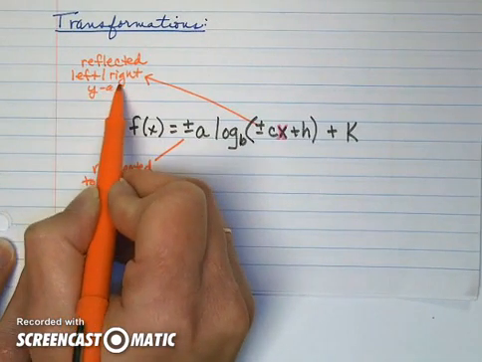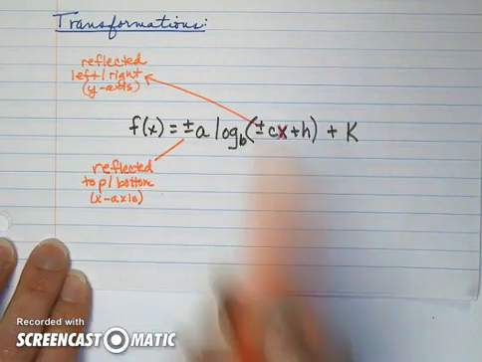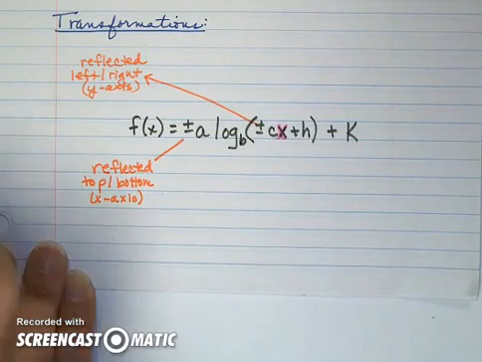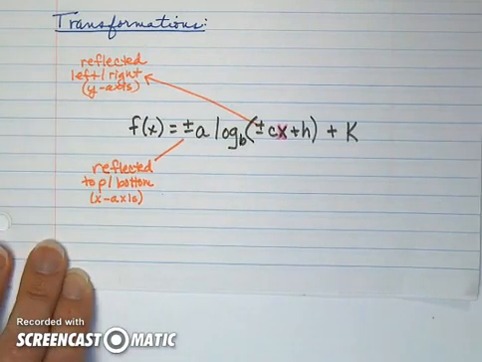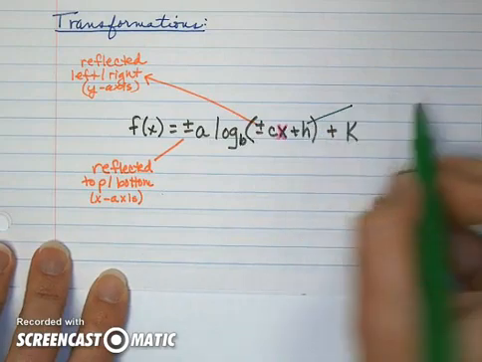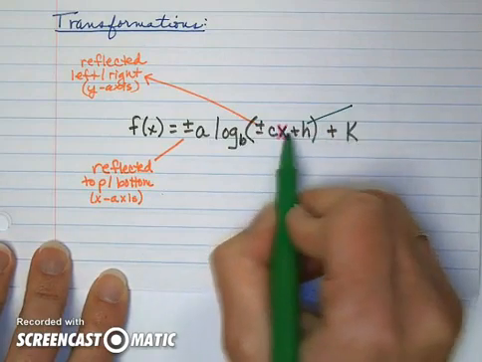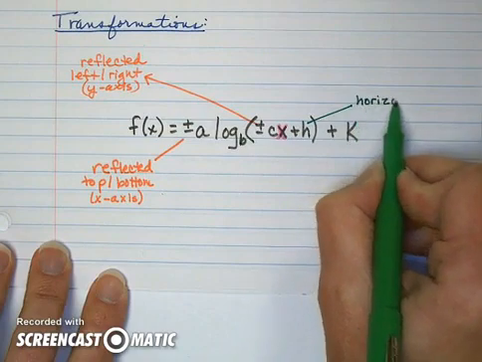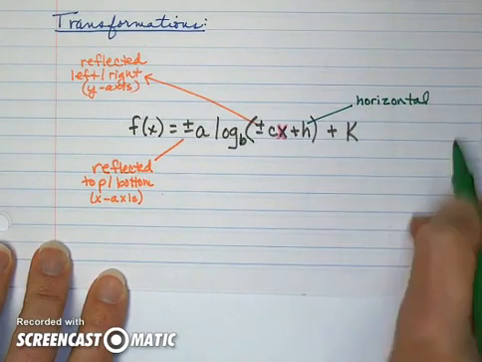Let's change colors. How about the ones on the other end. All right, if I have the h that was inside with the x, that was horizontally shifting it left and right.